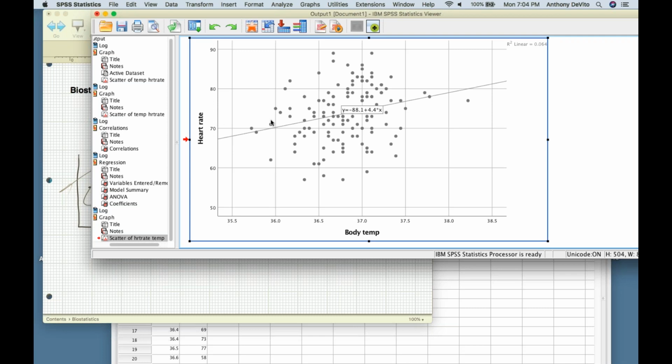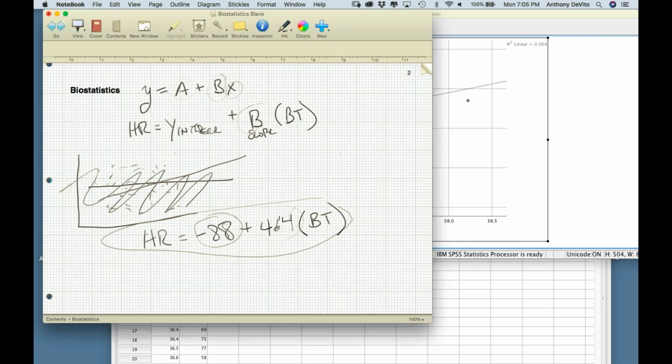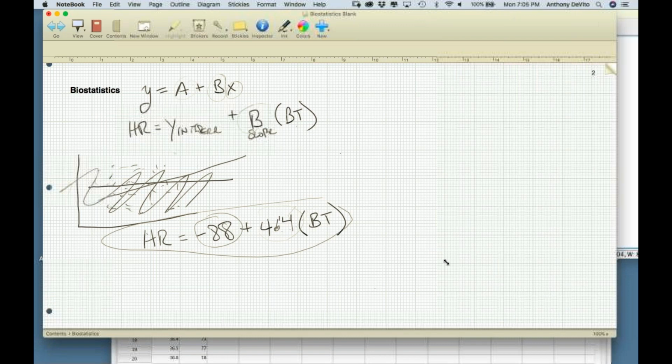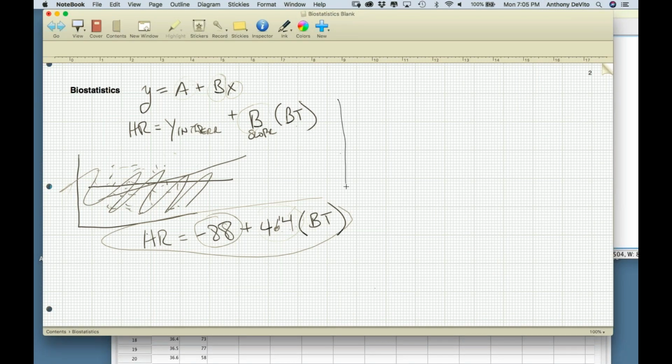But we still need 0. We know the line has this slope, but we don't know where it goes on this chart unless we have at least one point to pin it to. And that point that we can pin it to is the y-axis. So if I were to draw this chart out completely, the area that we're looking at is over here.